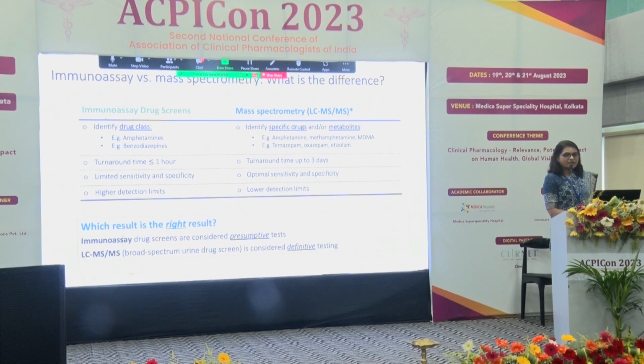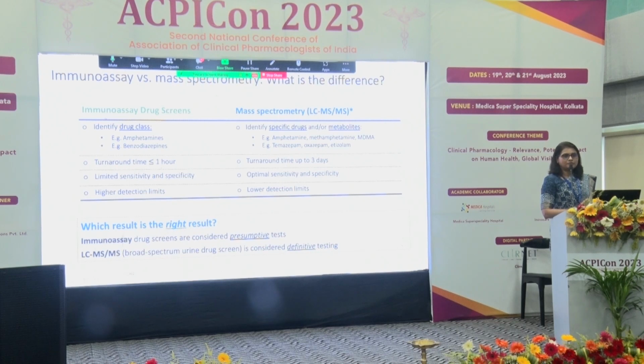Okay. Now, how do we test these immunosuppressants? We started in our center in about 2015 or 16 with the LCMS-MS. Pediatric biochemistry actually procured the LCMS-MS. We were closely involved because that was the first LCMS-MS we got in our institute.